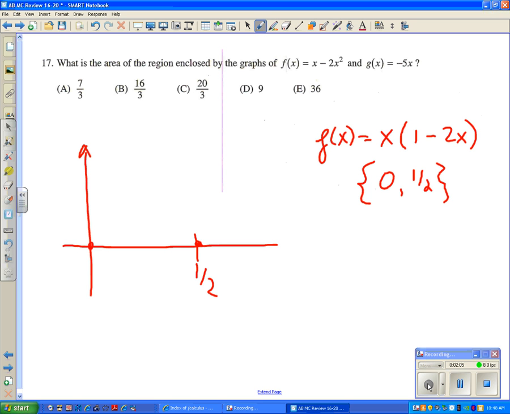And this parabola points down because it's a negative 2x squared. So this parabola does something like that.